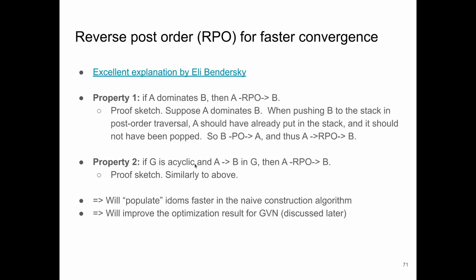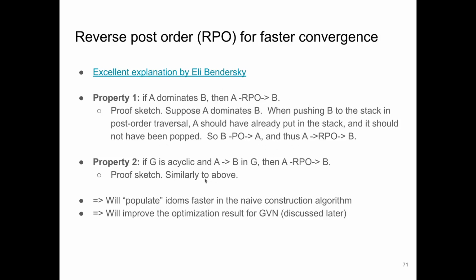The second property is that if G has no cycles, so G is acyclic, and there is an edge from A to B in G, then A is before B in RPO. The proof is almost the same as above.